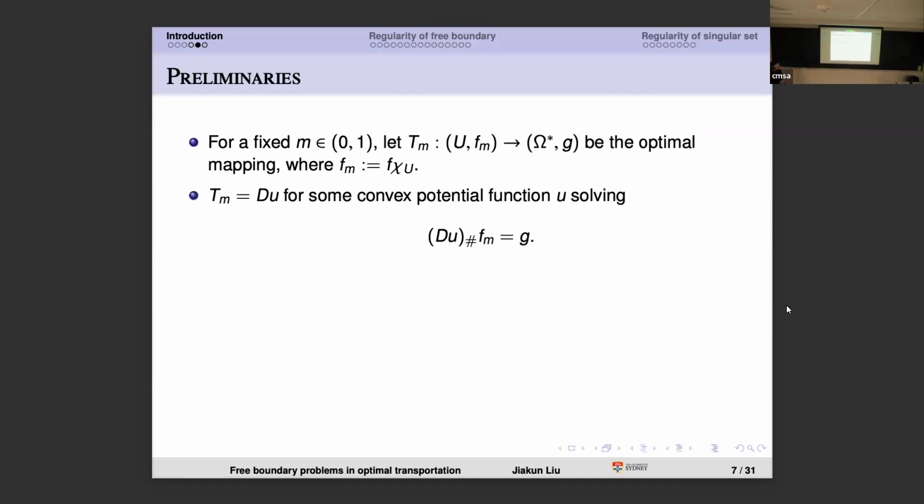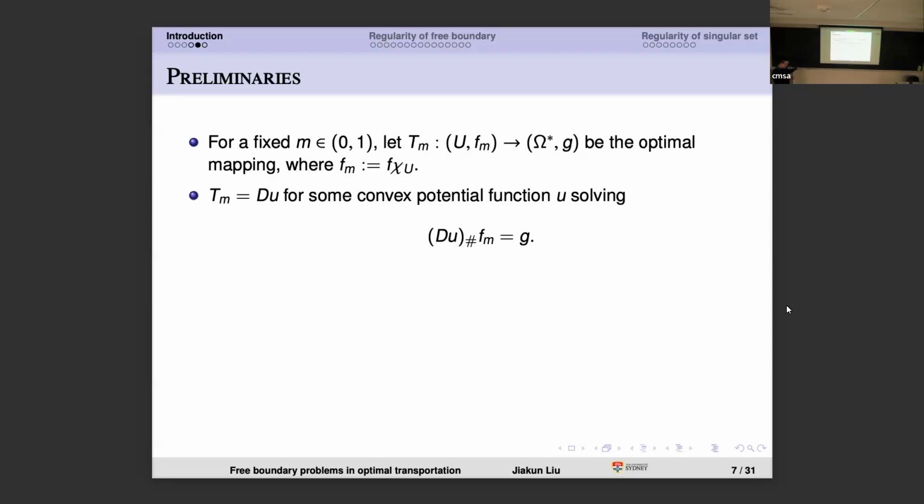All right, so similar to optimal transport, in this case we also know the optimal mapping T that depends on the M, that is, on your demand. This optimal mapping T is also given by the gradient of some convex function. And that convex function pushes forward f_M to g. f_M is the restriction of the function f over the active region.